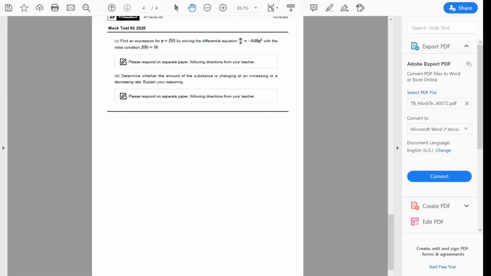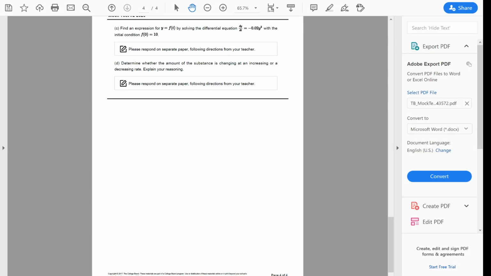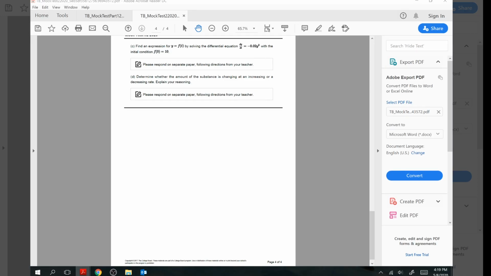All right. Our last one says, determine whether the amount of the substance is changing at an increasing or decreasing rate. Explain your reasoning. Okay, so we're looking for an increasing or decreasing rate, which means I'm looking for the second derivative, because I'm looking for the rate of the rate.